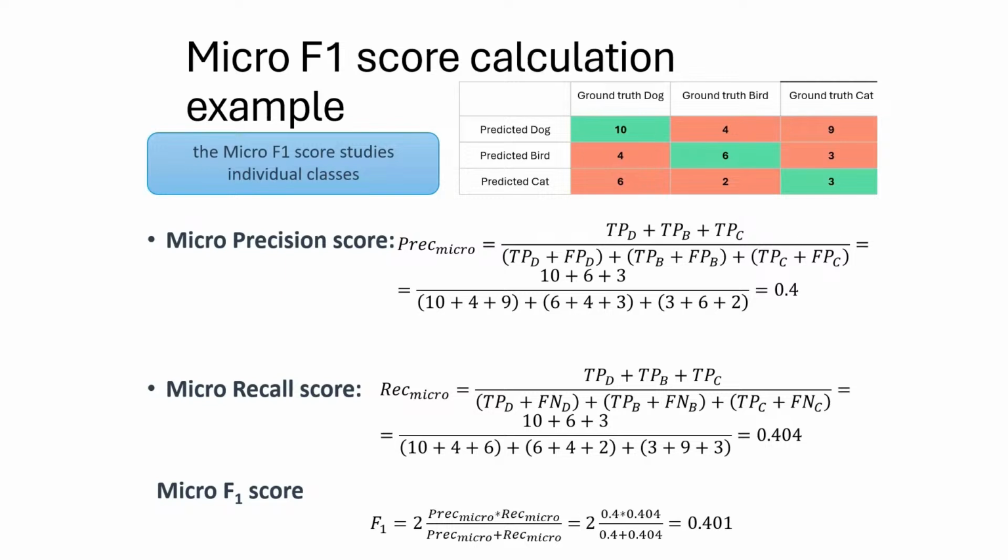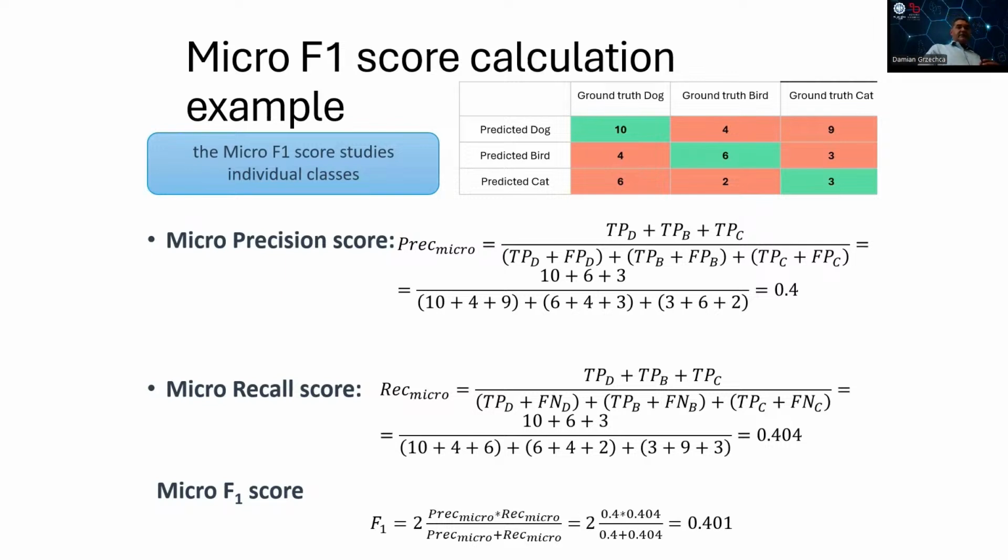Micro recall score: true positive for dot, true positive for bird, true positive for cat, and in the denominator, all the numbers associated with false negative results. False negative results.